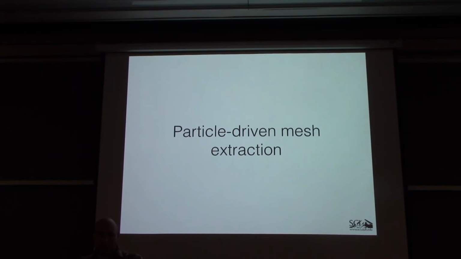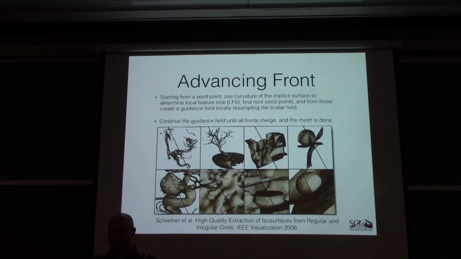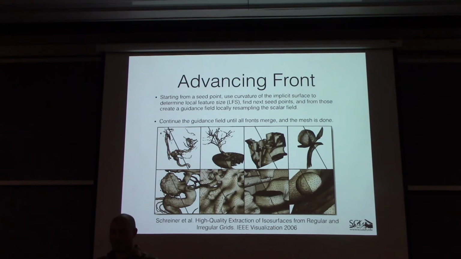So we talked about meshing: how do we generate a mesh from an implicit isosurface? Now we're going to talk about how you would generate a bunch of particles on that isosurface and use those particles to render or analyze that surface. One paper that did this, from IEEE Viz 06, by John Schreiner, Carlos Scheidegger, and Claudio Silva, is the Advancing Front paper.